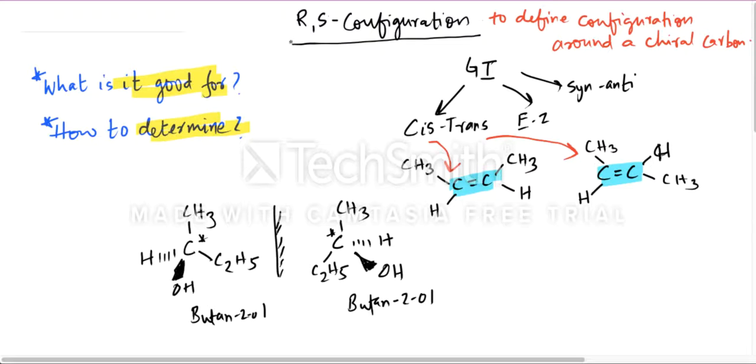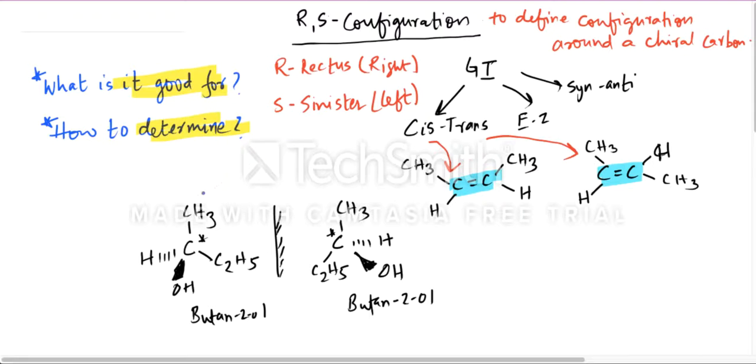R stands for rectus, which is a Latin word meaning right, and S stands for sinister, which means left. Okay, so now we are done with the first part of the video, where we understand the importance of RS configuration and where exactly we use it.